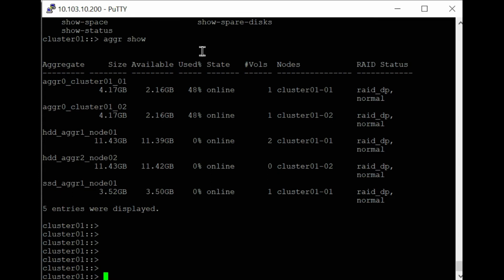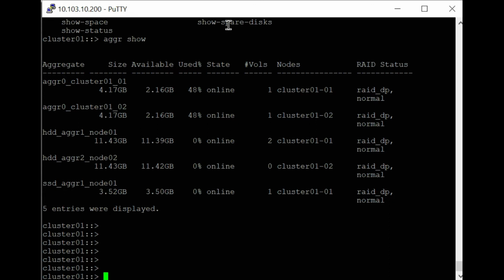You need first to create an aggregate or a pool, depending on the brand of storage you are using. Okay, so NetApp calls it aggregate. Other vendors like Dell, so Dell EMC storage systems, call it pool.